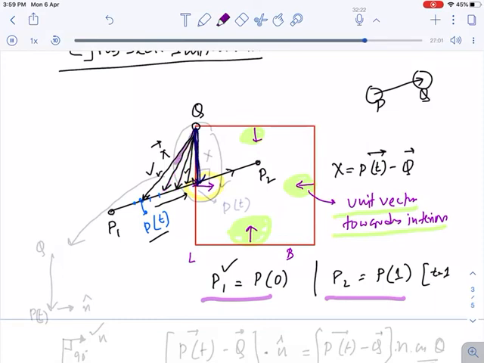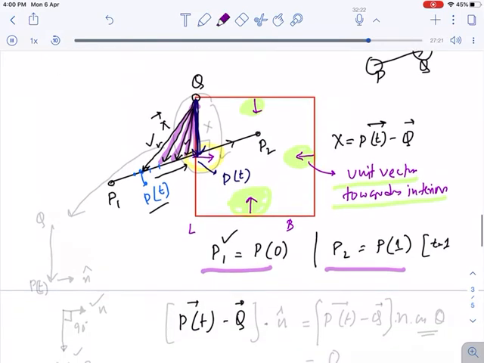Which is along the left edge. At this point, Pt minus q will give this vector x. And what is the unit vector? The unit vector is this one in purple.